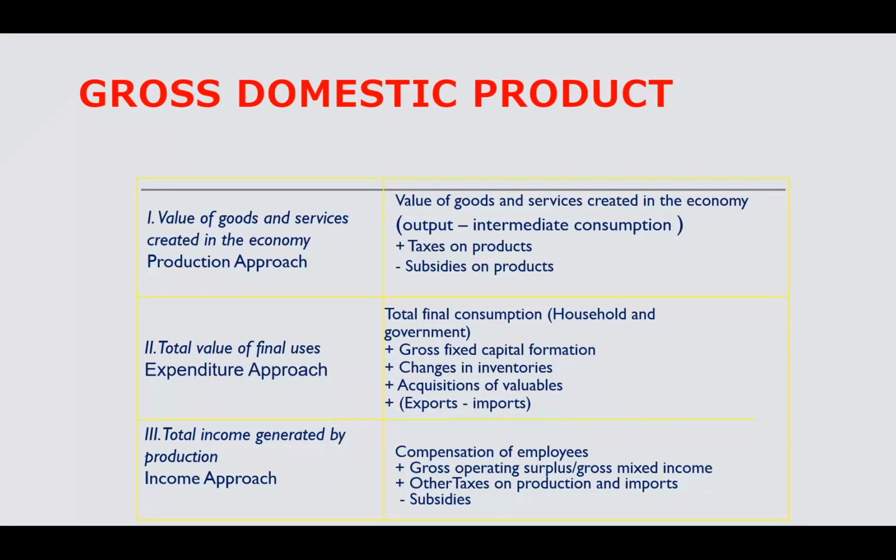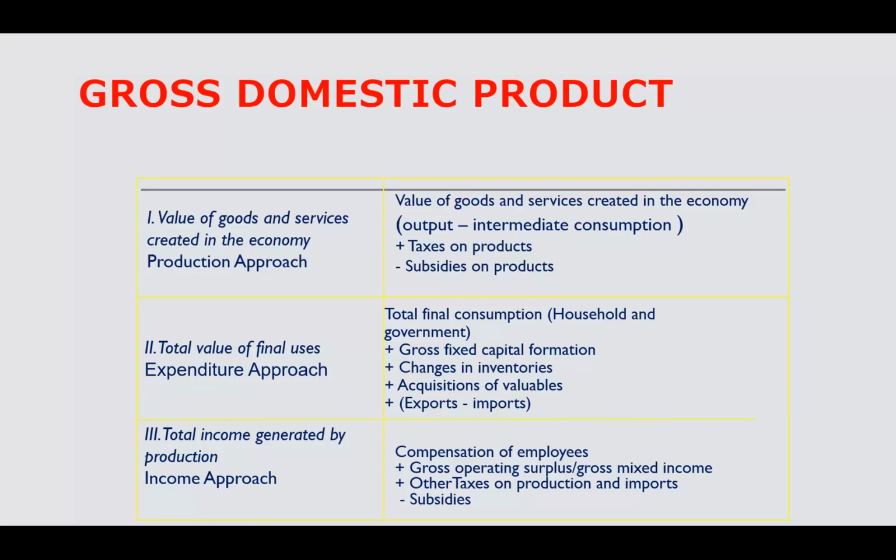In the production approach, the value of goods and services created in the economy, output, GDP is calculated as output minus intermediate consumption plus taxes on products minus subsidies on products.